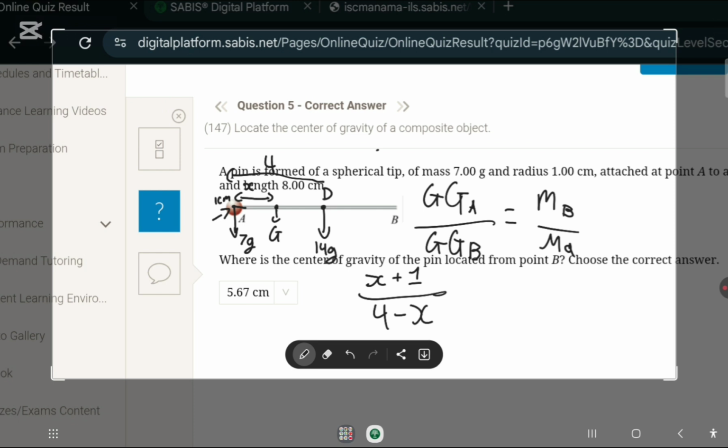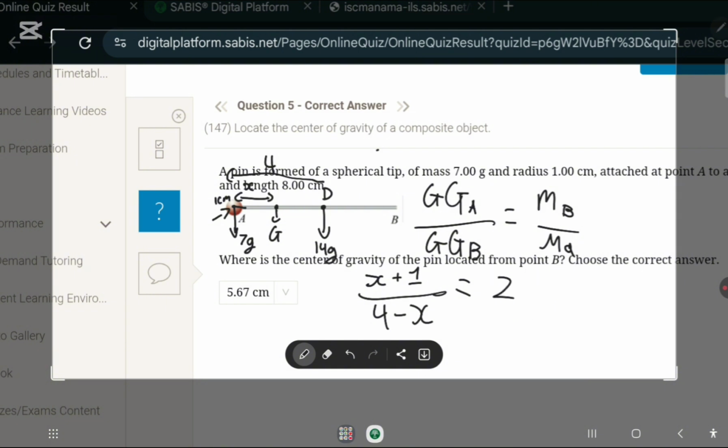So we do 4 minus x equals, from grams to kilograms here it doesn't really matter, because you're going to do 14 times 10 negative 3 over 7 times 10 negative 3. Cancel out 10 negative 3, you get 7 over 4 equals 2.